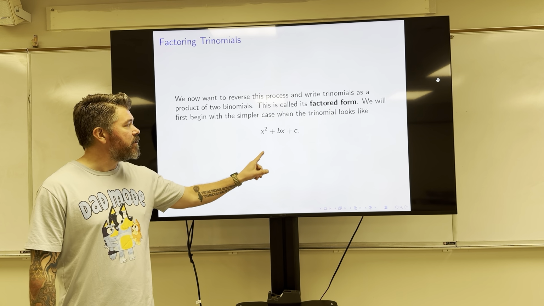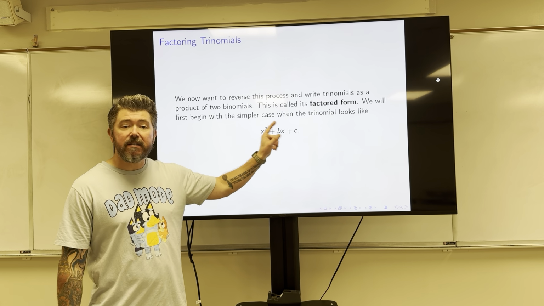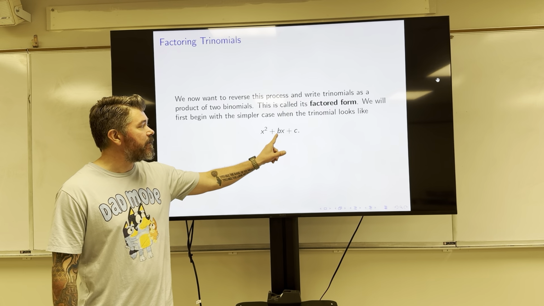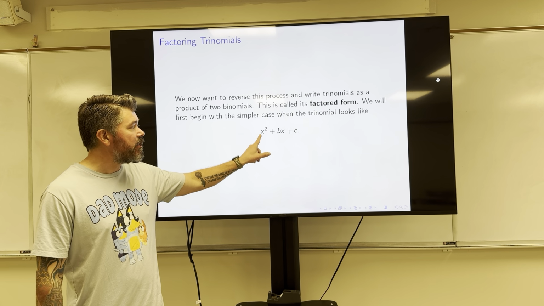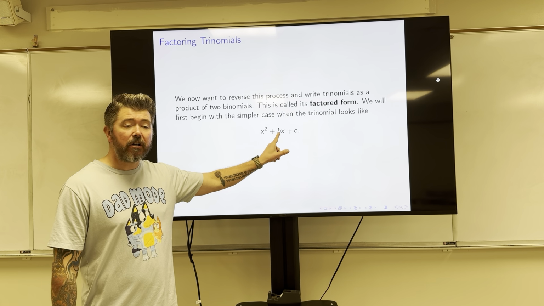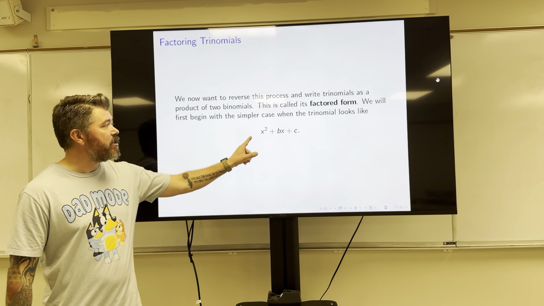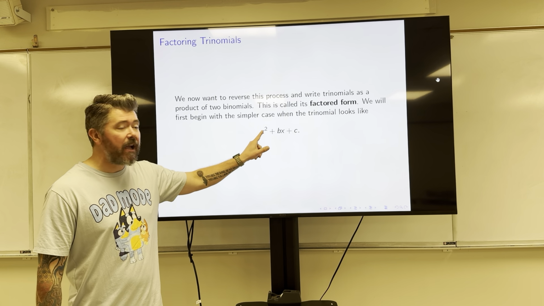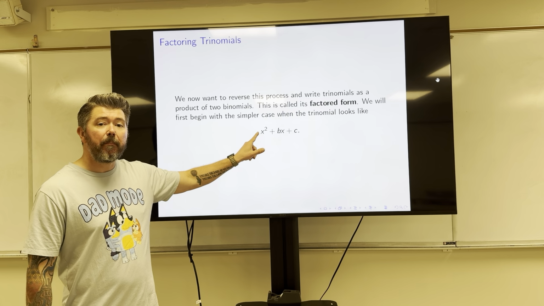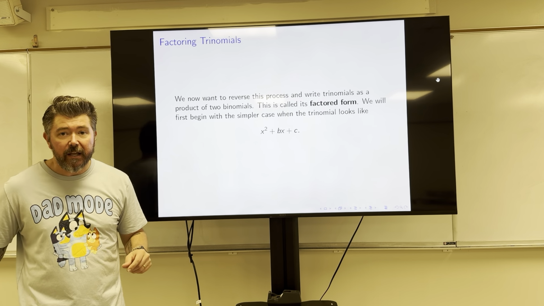So we are going to generically represent numbers b and c because we can plug in different b's and c's. So we will have a degree 2 term, a degree 1 term, and a degree 0 term here. And the degree 2 term is always going to be the single x squared, not any number in front of it. We'll talk about when a number is in front of it later on.